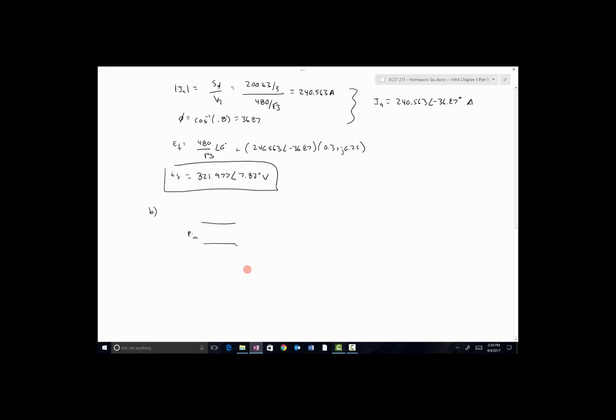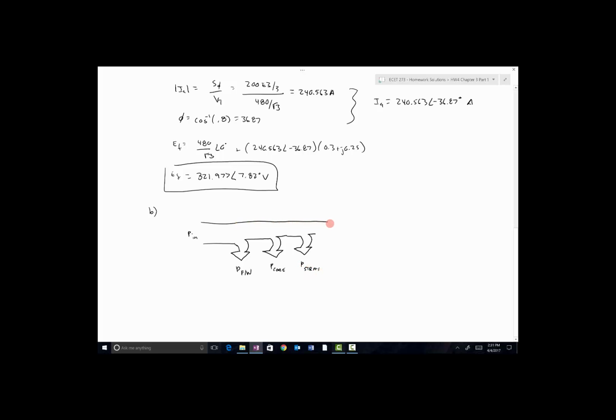That's a terrible arrow. The first is that we've got some sort of three-phase loss associated with the friction and windage of the generator. Then we've got some three-phase loss associated with the core. And then we've got some three-phase loss associated with stray losses.